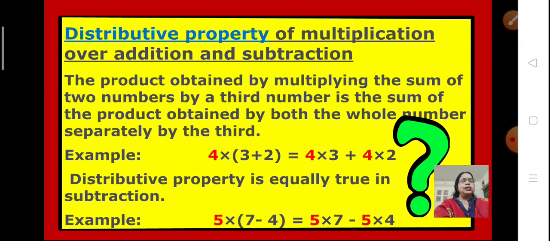We have discussed this earlier in detail. So another example for subtraction is 5 multiplied by 7 minus 4 is equal to 5 multiplied by 7 minus 5 multiplied by 4. So this is the distributive property of multiplication over addition and subtraction.